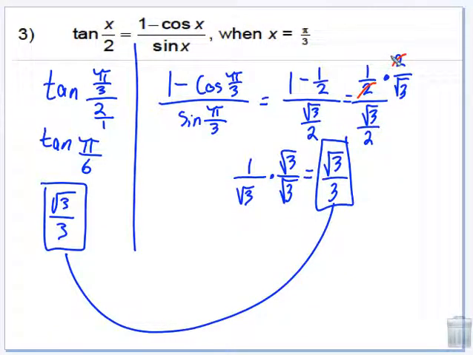You've got to multiply by the reciprocal. The 2's cancel out. You get 1 over square root of 3. And then you can't leave your square roots in the denominator, so you're going to do square root of 3 over square root of 3, multiply those together. 1 times square root of 3 is the square root of 3, and square root of 3 times the square root of 3 is 3. Compare your answers. They are the same.